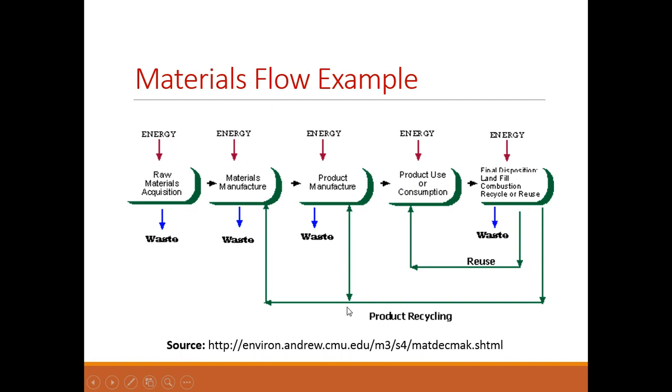If you're following my cursor, it can be recycled either at this stage where it is produced into another product, or at this stage where it is used for materials for something else. Okay, so this is a simple summary of what materials flow analysis is all about. And again, remember, the purpose is to reduce the amount of waste that is produced from the entire process of materials use for production and manufacturing, etc.